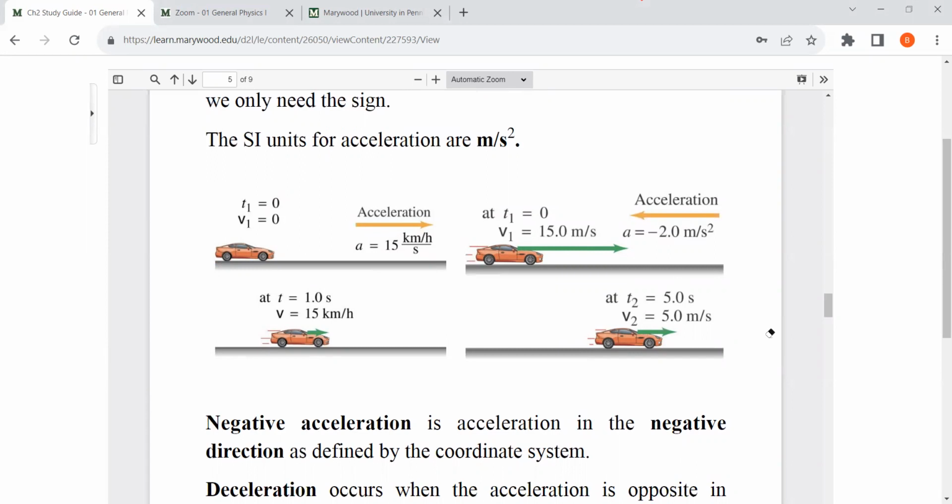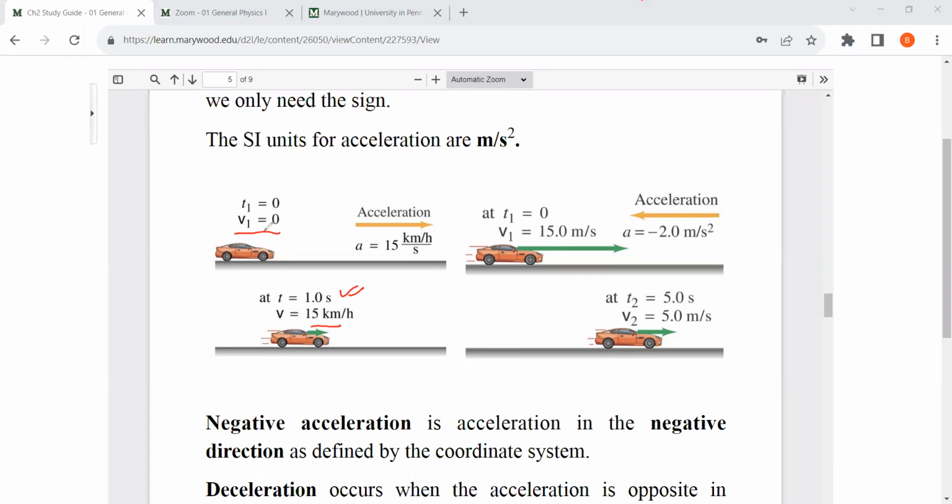In the left, the car is at rest. Rest means the car's velocity at initial time t equal to 0 is 0. So the initial velocity for this car is 0, and then we start this car, and at time t equal to 1 second the velocity is now something different, 15 km/h.